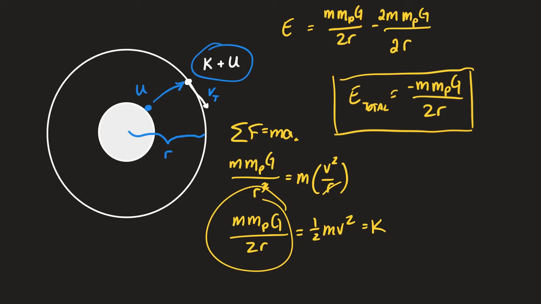However, your energies are going to be negative. When it comes to elliptical orbits, well, in elliptical orbits, the planet's constantly changing its distance away from the star. So R is always different.